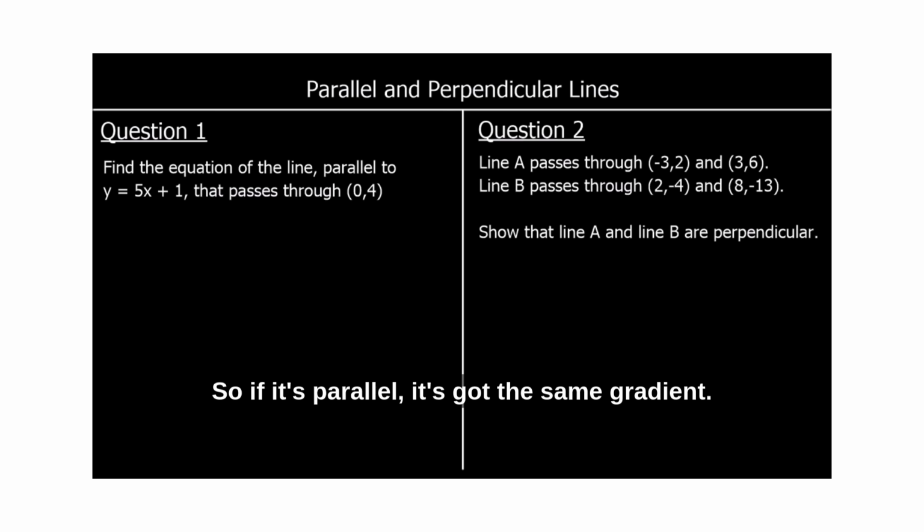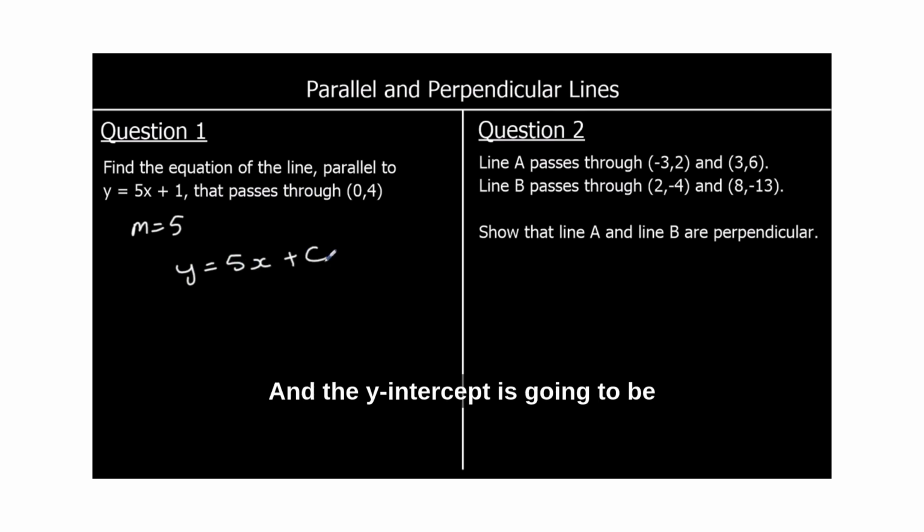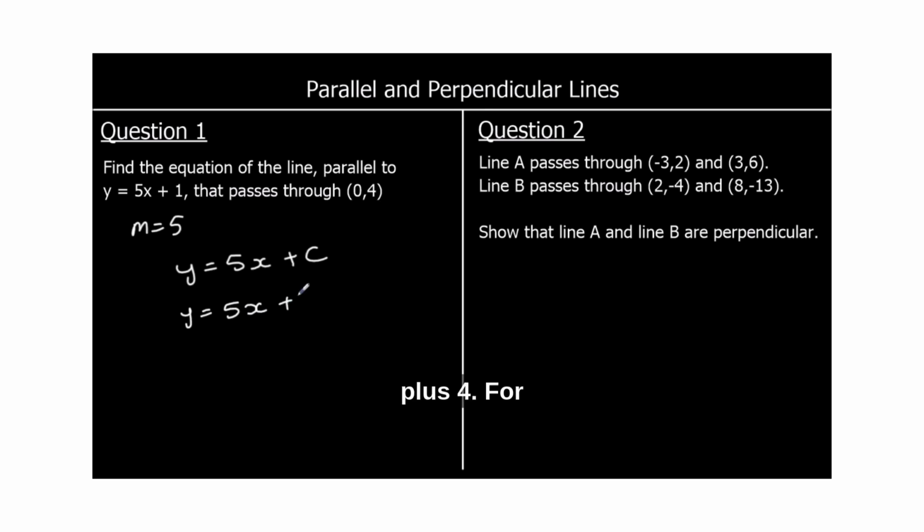So if it's parallel, it's got the same gradient, so it must have a gradient of 5. So it's y equals 5x plus c, and the y-intercept is going to be 4. So it goes through (0, 4), which is the y-intercept. So that means we've got y equals 5x plus 4.